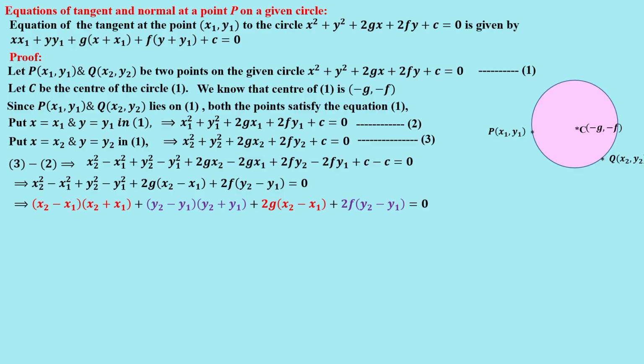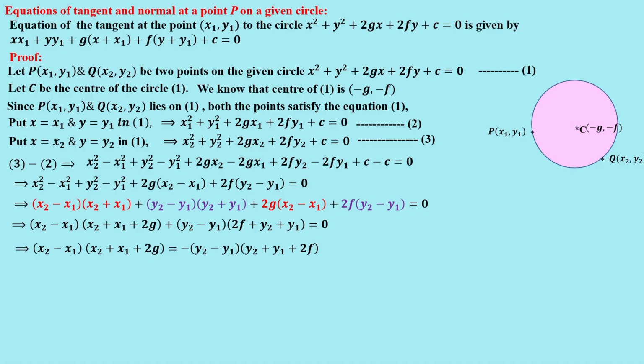In red, we have (x2 - x1)(x2 + x1) and 2g(x2 - x1). x2 - x1 is common, take it outside, so you get (x2 - x1)(x2 + x1 + 2g). Similarly, the violet term: (y2 - y1)(y2 + y1) plus 2f(y2 - y1). y2 - y1 is common, so you get (y2 - y1)(2f + y2 + y1) = 0.